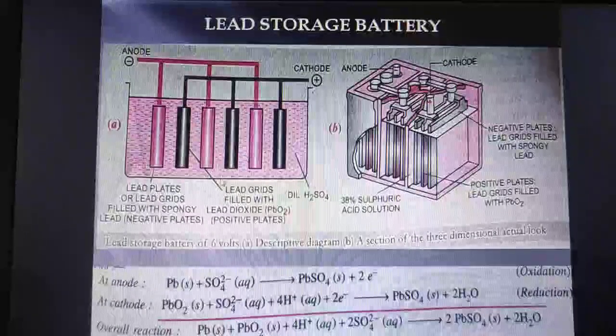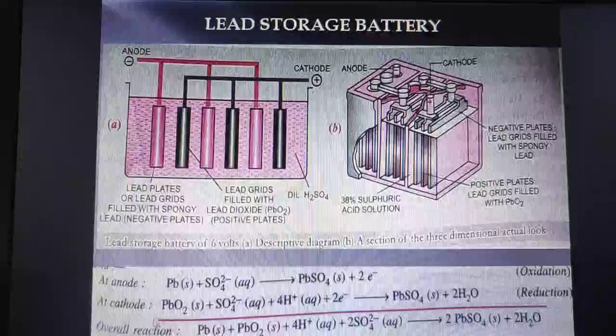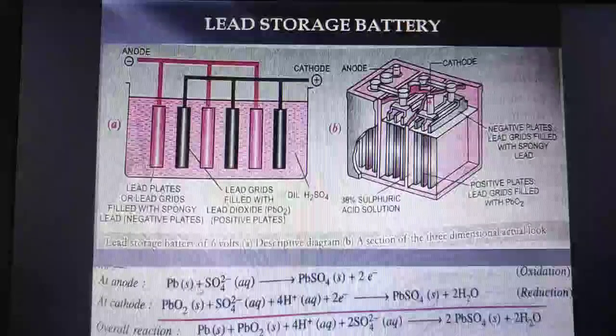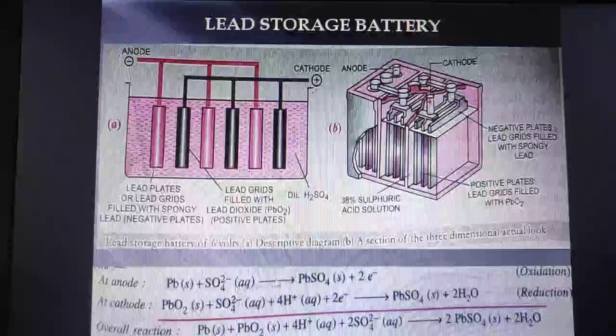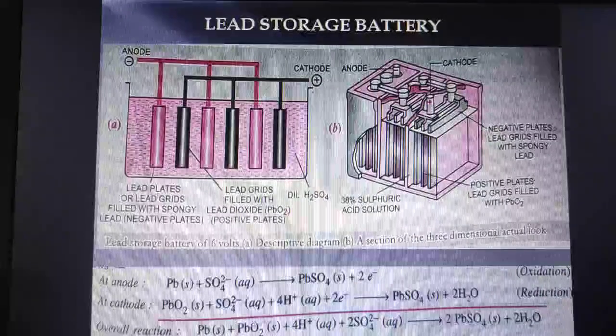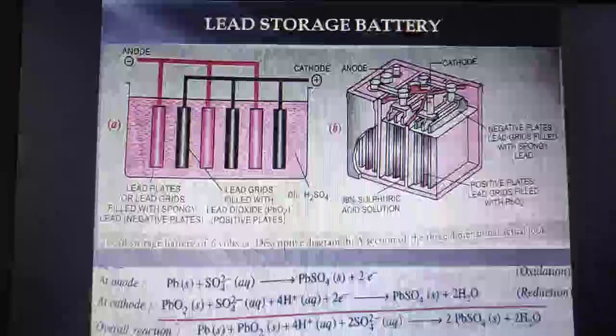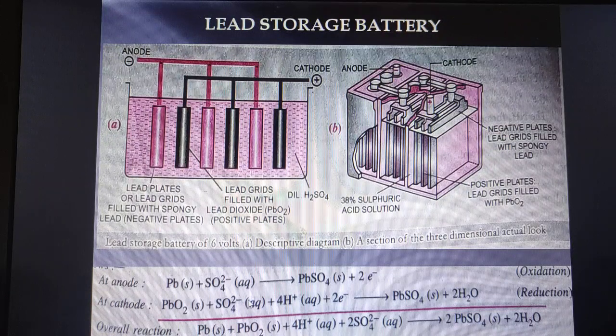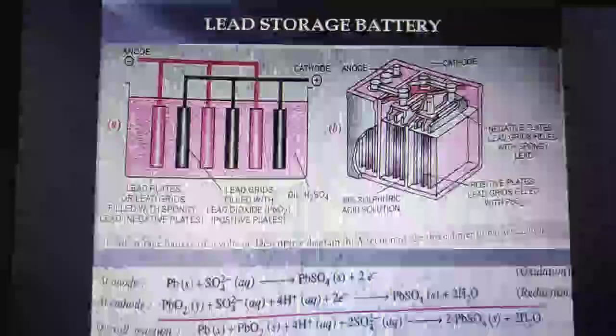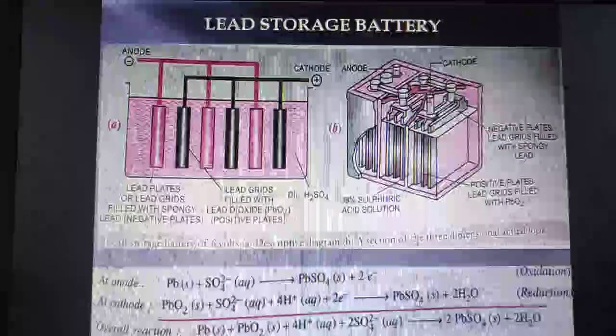Now the reaction occurring in the cell is, at anode, lead with sulfate ion forms lead sulfate, and at cathode, lead dioxide with sulfate ion and H plus ion, that is proton, accepting two electrons, forms lead sulfate.